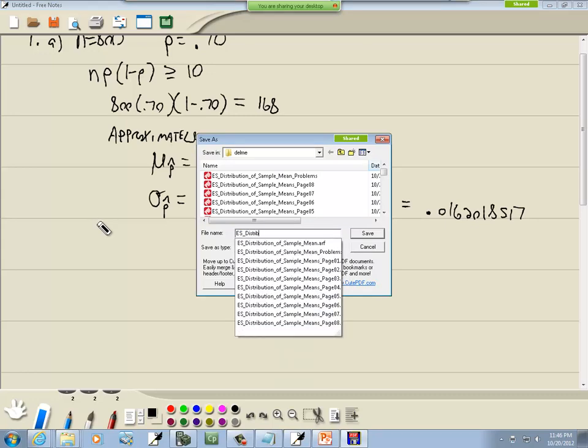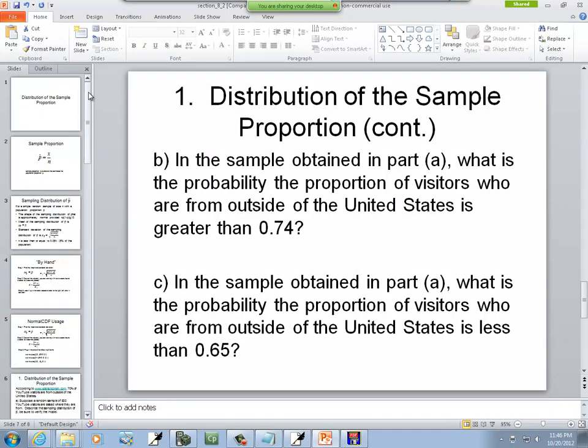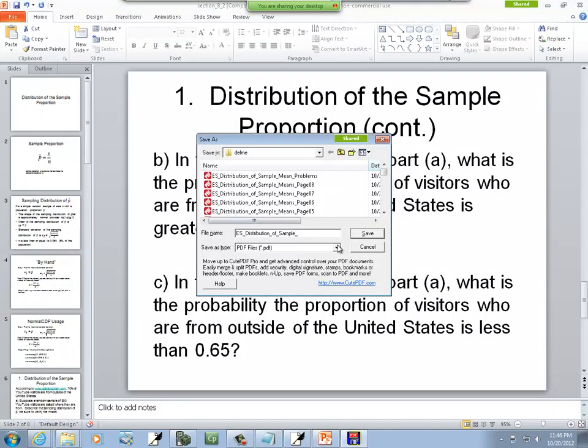Distribution of sample proportion, Page 01.pdf.